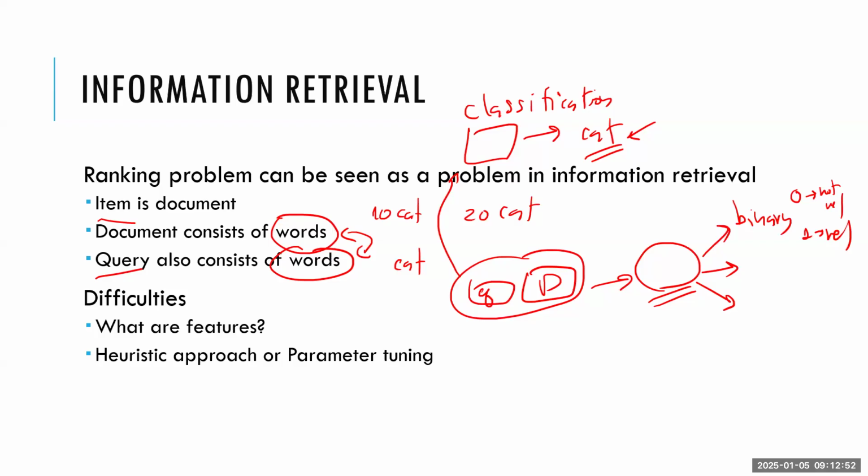If this document is relevant, then this pair has a label of 1. If this document is not relevant to the query, then you give it a 0. So this pair of query and document becomes our feature, our data, and the label is the indicator whether these two are related or not.